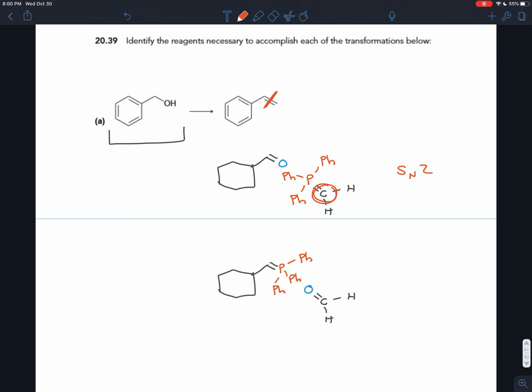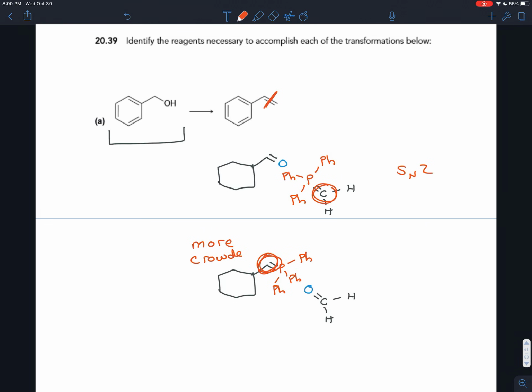Now in this case, that carbon is not bonded to any other carbons. In the other case, the carbon that has the phosphorus on it is bonded to one carbon. And because of that, this bottom one is more crowded. It has more stuff nearby that would make it hard for this phosphorus to come in and attack that carbon as a nucleophile, whereas this has very little stuff nearby.